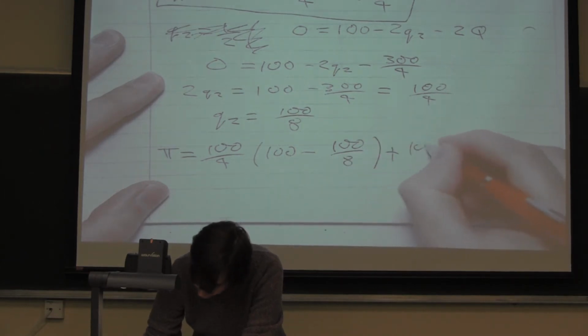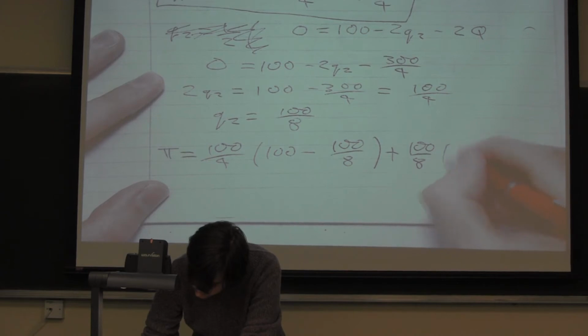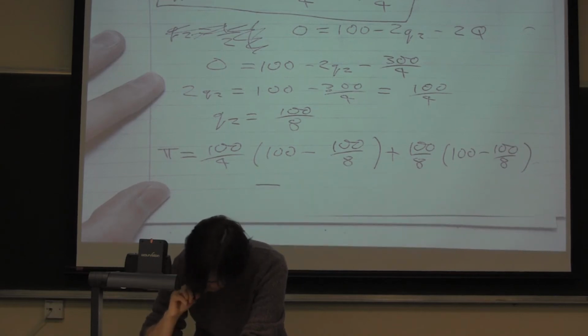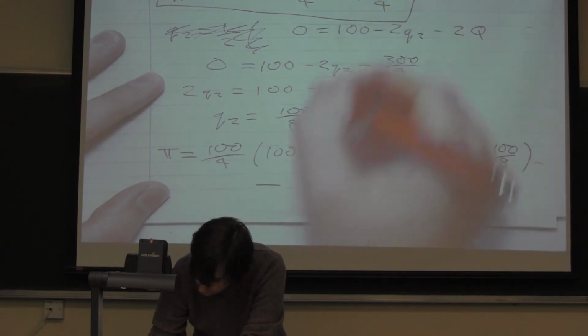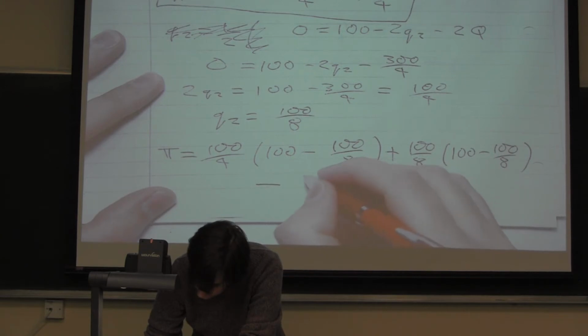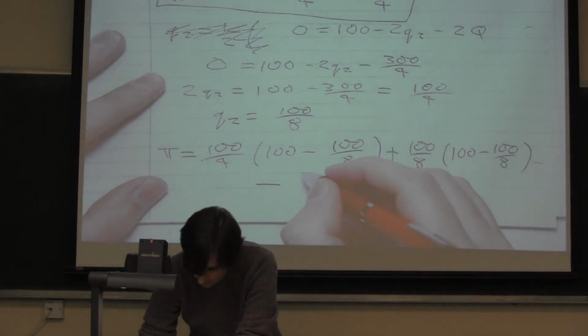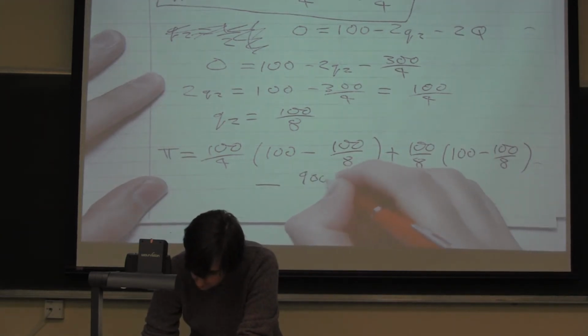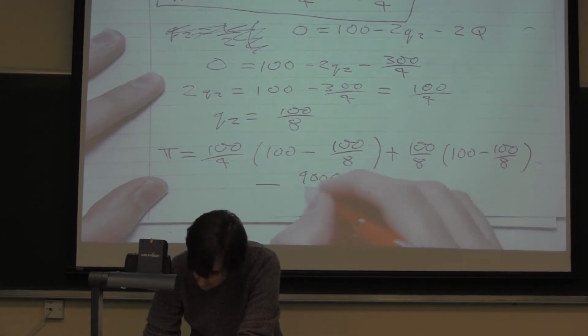That's Q2, which is 100 over 8 times 100 minus 100 over 8, minus Q squared. Q was 300 over 8. So Q squared is a big number, 90000 over 64.